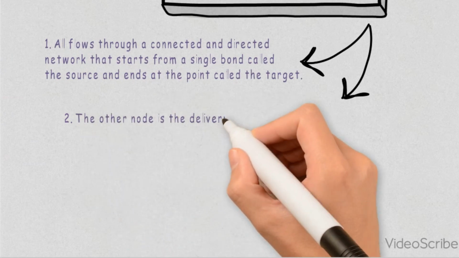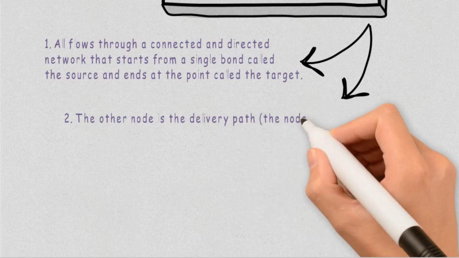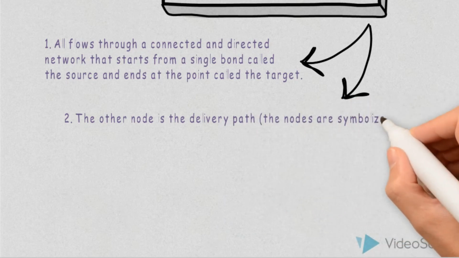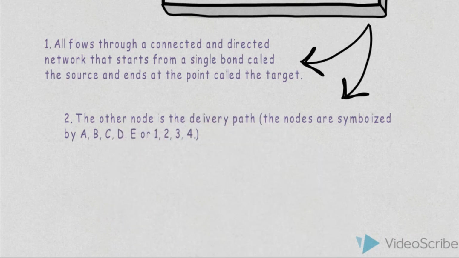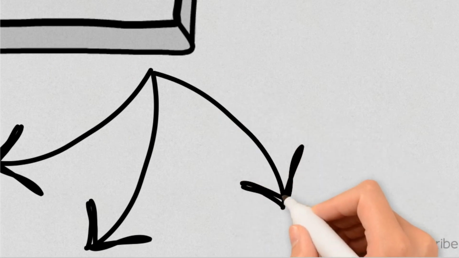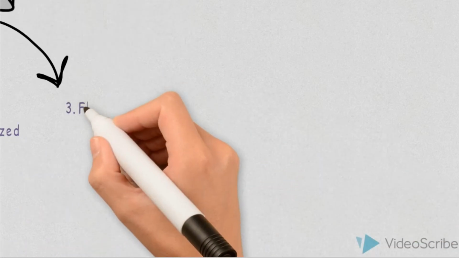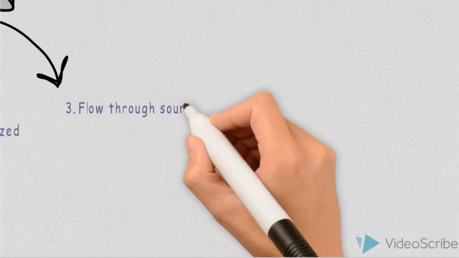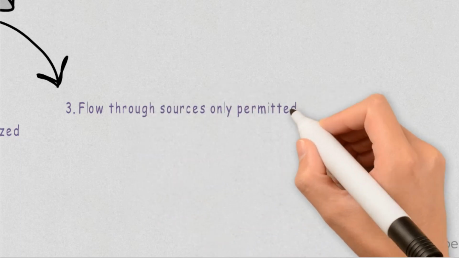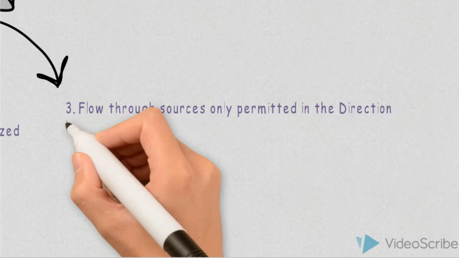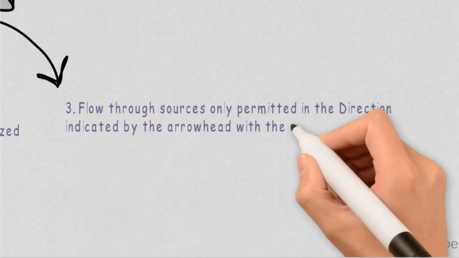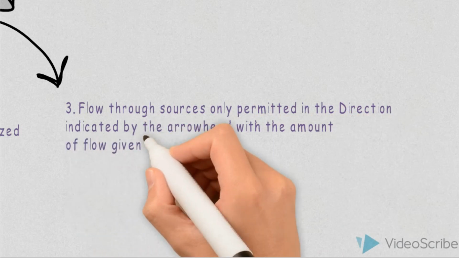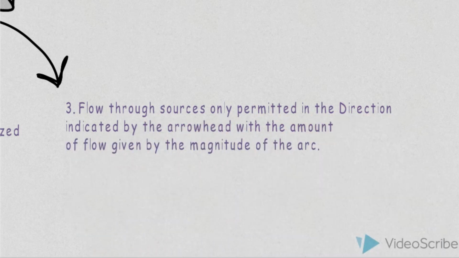Two, the other nodes are the delivery path, or the nodes are symbolized by A, B, C, D, E, or 1, 2, 3, 4. And last, flow is only permitted in the direction indicated by the arrowhead, with the amount of flow given by the magnitude of the arc.